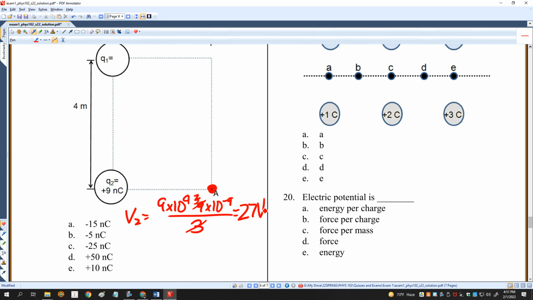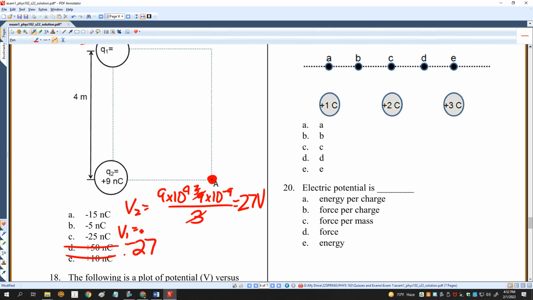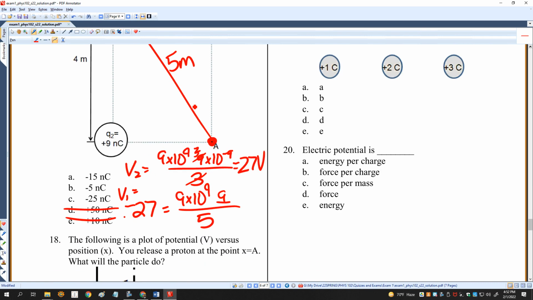Now, in order for it to be 0, I know that this charge has to be negative, so I can get rid of those two rather, and then I want to say that negative 27, that's what the voltage due to V1 must be, is going to be equal to 9 times 10 to the ninth Q divided by 5. Yeah, because this distance is 5 meters.